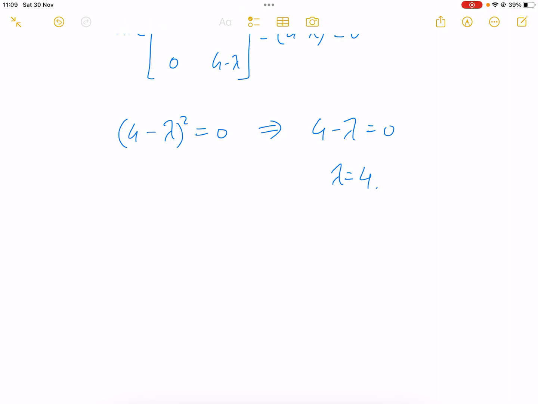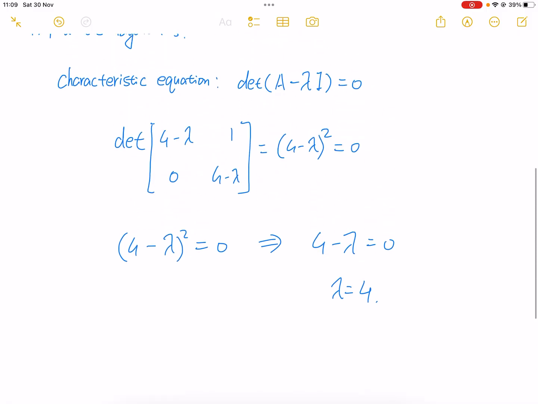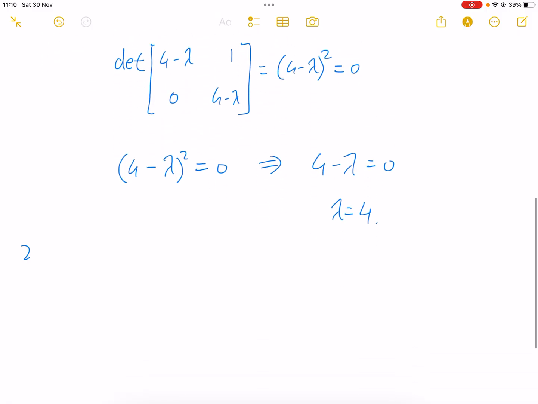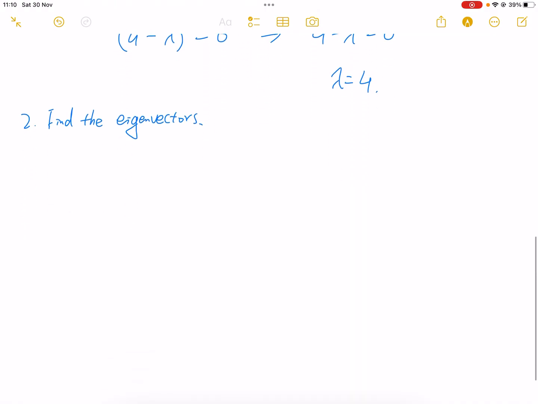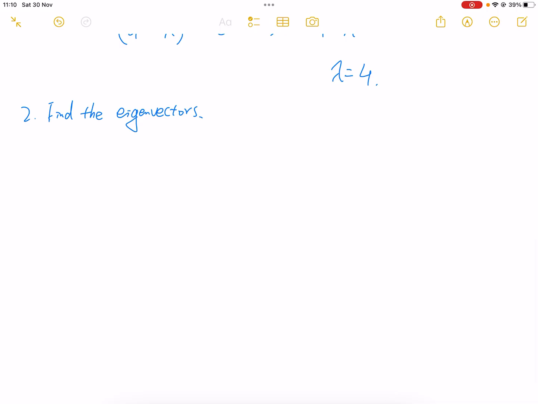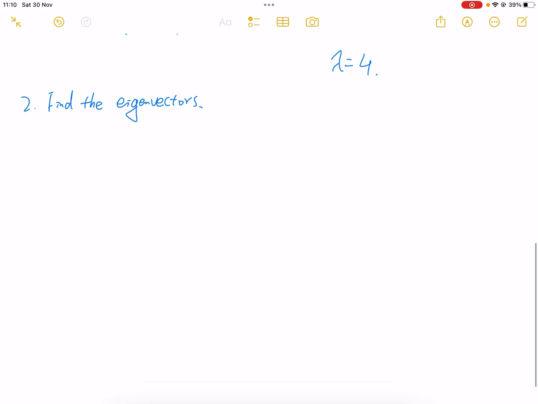Next, we find the eigenvectors. We need to solve (A minus lambda times I) times the vector v equals 0, where v is the eigenvector.